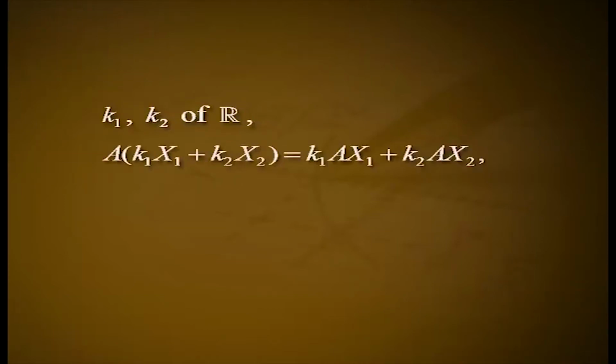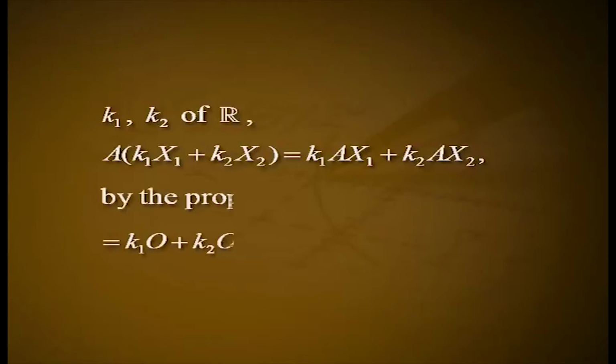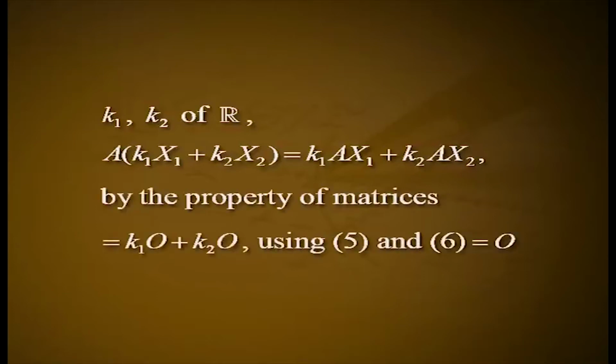Now, for any two members k1, k2 of R, A(k1 x1 plus k2 x2) is equal to k1 Ax1 plus k2 Ax2 by the property of matrices, which is equal to k1 0 plus k2 0 using 5 and 6, which is equal to 0.